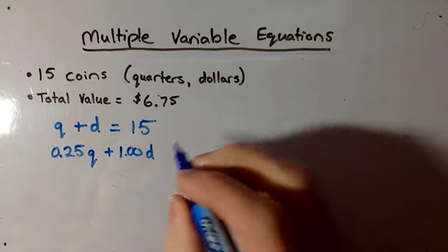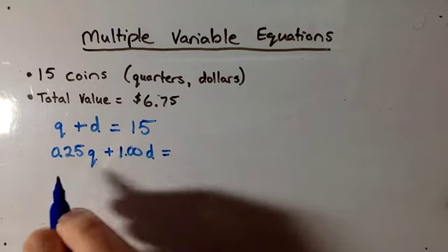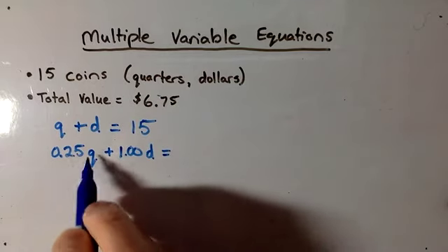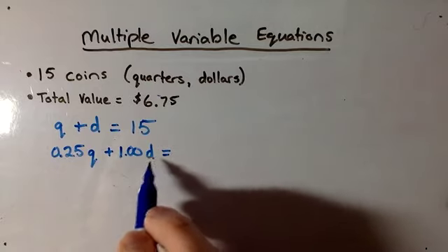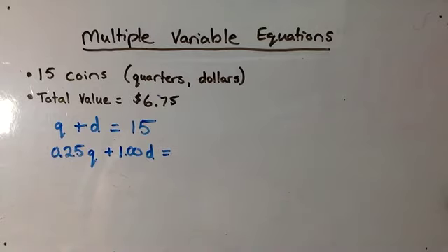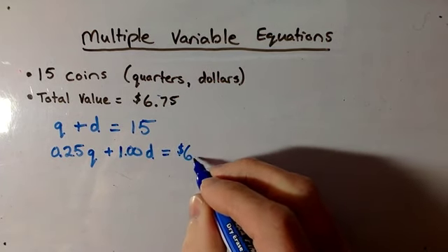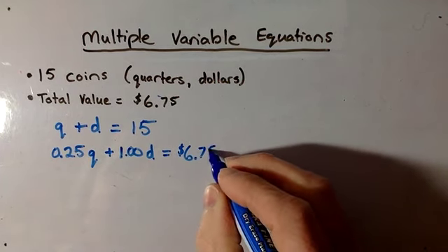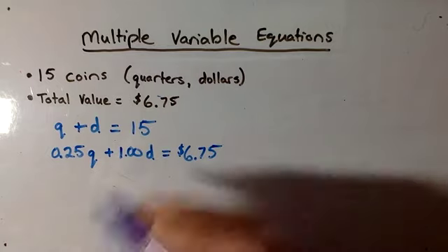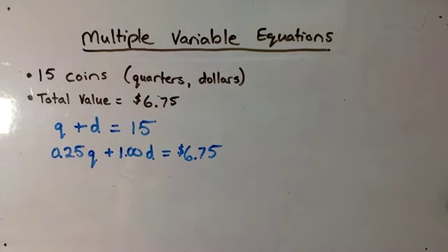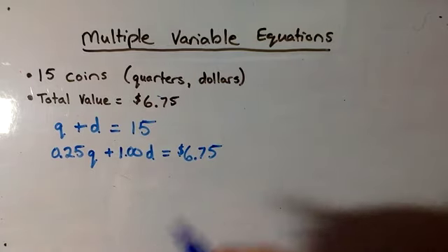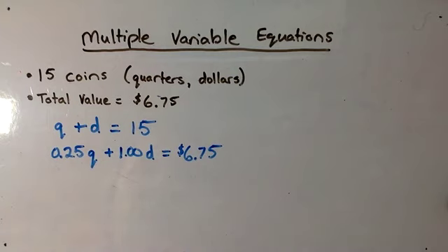If I'm adding the total value of our quarters and the total value of our dollars together, we know that's going to give us $6.75. So we've created two equations that can allow us to figure out how much money we have.